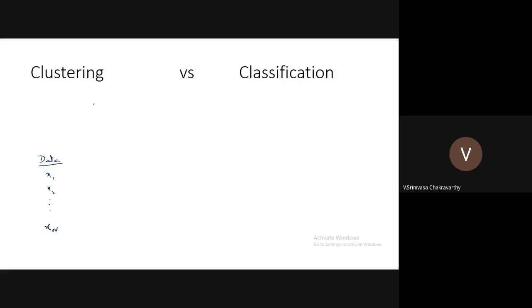And what is the compulsory information that you have to give to perform clustering? Without that, clustering is undefined. Everything else is extra, but the basic information you have to give in addition to data, what is it that you are supposed to supply? Anybody?